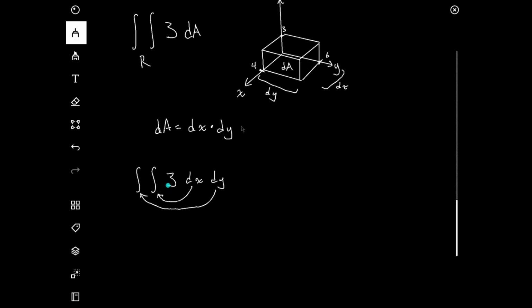What are our limits on dx? Well, dx, if we look over here, starts at 0 and it stops at 4. Okay. So 0 on the bottom, 4 on the top. Okay. y starts at 0, ends at 6. So put a 0 on the bottom, a 6 on the top.